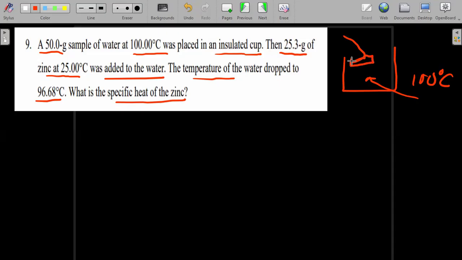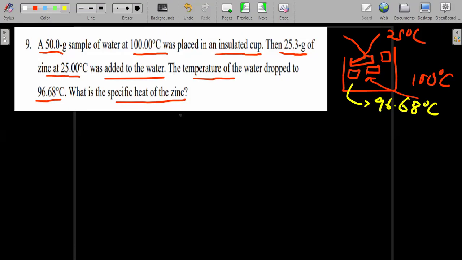Let's say this is our zinc that we are adding there, and this zinc is at 25 degrees Celsius. After adding zinc to this water, we are told that the final temperature of the water plus the zinc is now 96.68 degrees Celsius. Then they're asking us what is the specific heat of zinc.